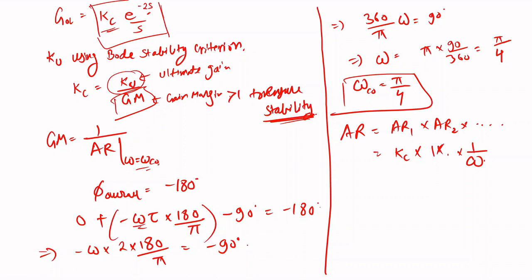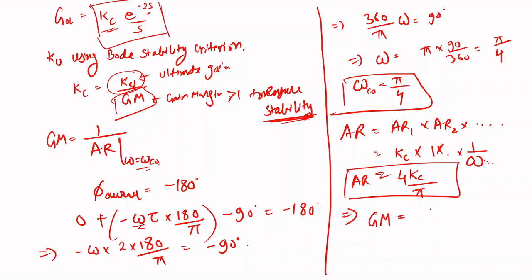So now we can replace the value of omega. Since we have to find the amplitude ratio at crossover frequency pi by 4, this will become Kc upon pi by 4, that is amplitude ratio will become 4 Kc upon pi. So from that we can write the gain margin as 1 upon amplitude ratio, that is gain margin will become pi upon 4 times Kc.